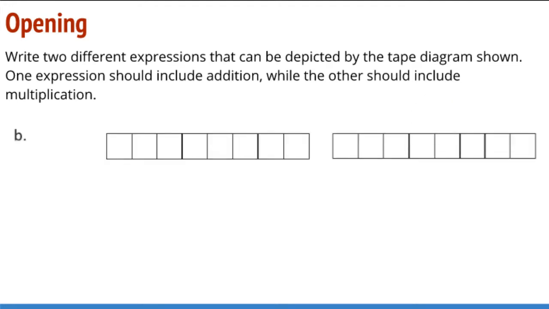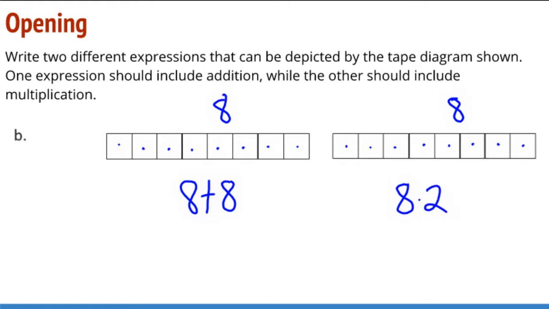So go ahead and take a look at this example. Write an addition expression and a multiplication expression to represent what's going on. I look and say I've got 1, 2, 3, 4, 5, 6, 7, 8. I've got 8 here. And 1, 2, 3, 4, 5, 6, 7, 8. I've got 8 here. So I have 8 plus 8, and 8 times 2.